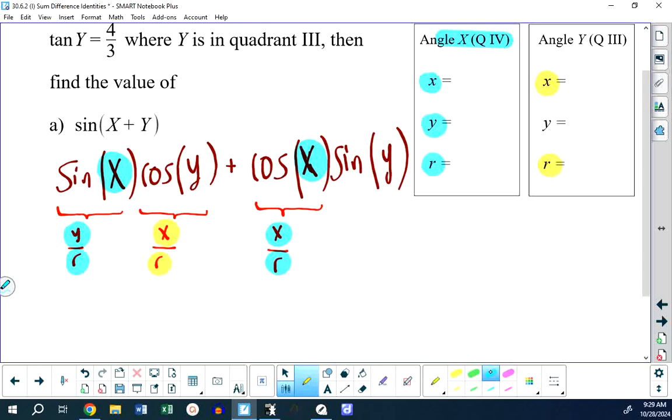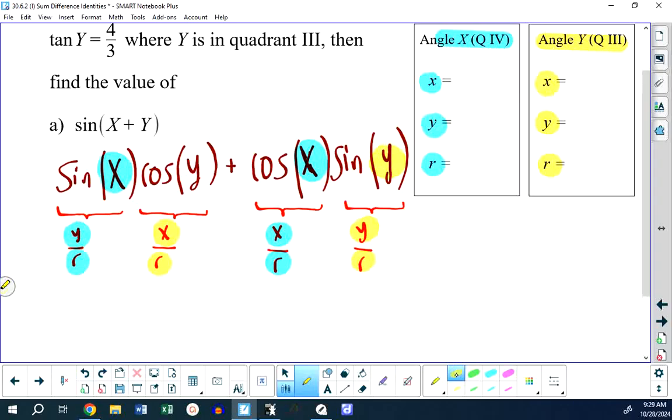And then over here, this will be a y over r. Why is this a y over r? Is it because there's a y in sine of y? No, it's because there's a sine in sine of y. There we go. And angle y is all of the yellow stuff.